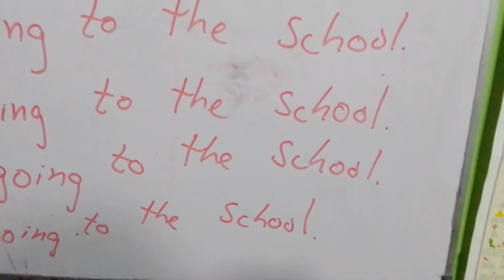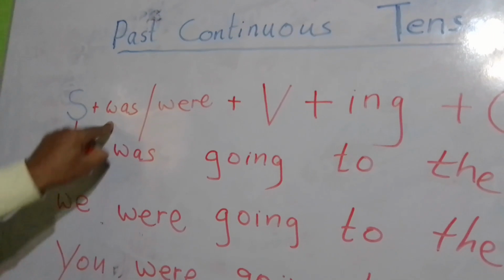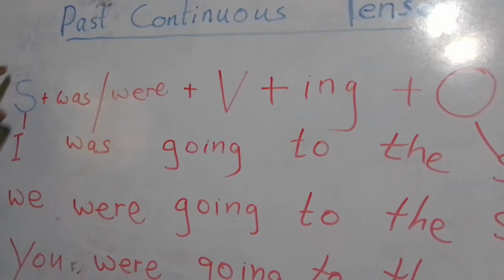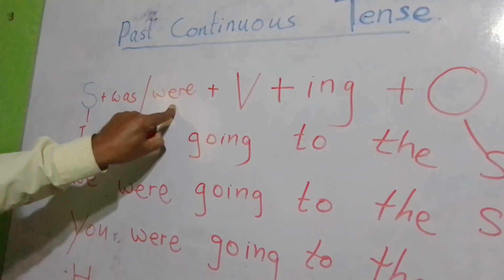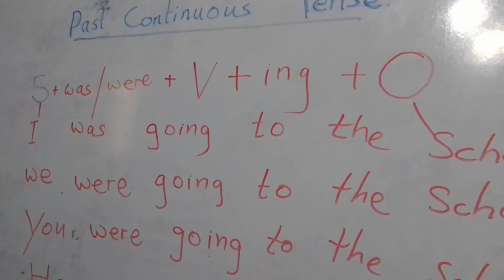Okay, students, I would like to remind you once again, when the subject is singular, you have to use the auxiliary verb was. When the subject is plural, you have to use were. Okay, these are named as helping verbs as well.